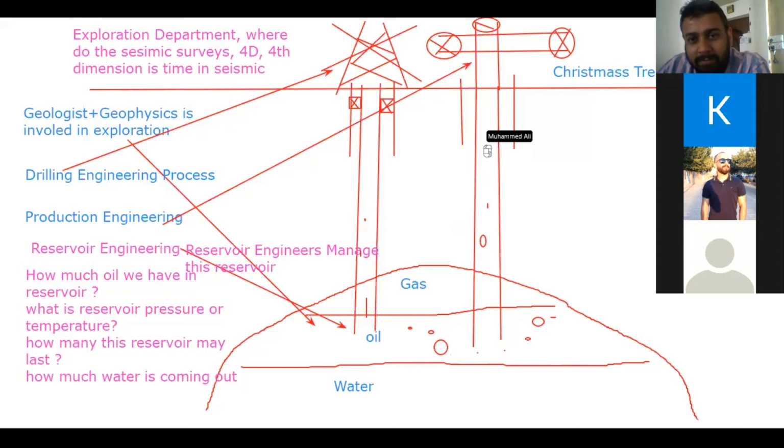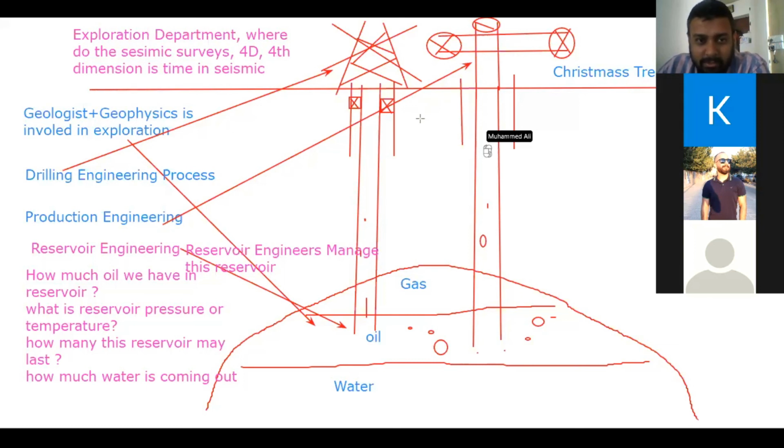So sometimes you have to use a very high quality Christmas tree, so that if sand or any other things are coming up under high pressure, it should be able to handle that. Otherwise, it will cut low quality material. Even if you put some steel layer or plate, it will cut it. It's that high pressure. It's very, very dangerous.